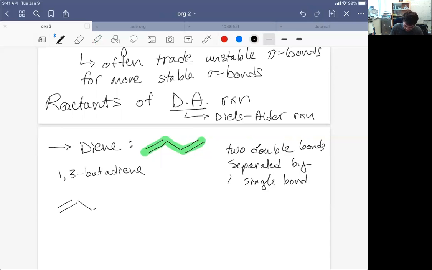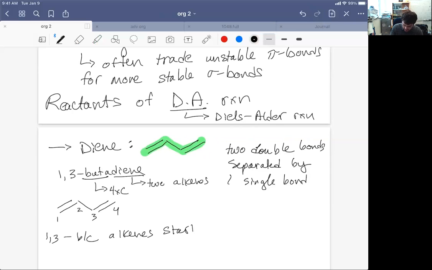where if we look at this structure, hopefully you can see the diene is two alkenes. The buta means 4 times carbon, 1, 2, 3, 4. And the 1,3, because the alkenes start at C1 and C3.